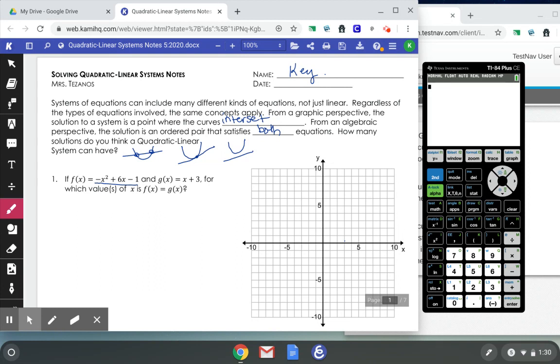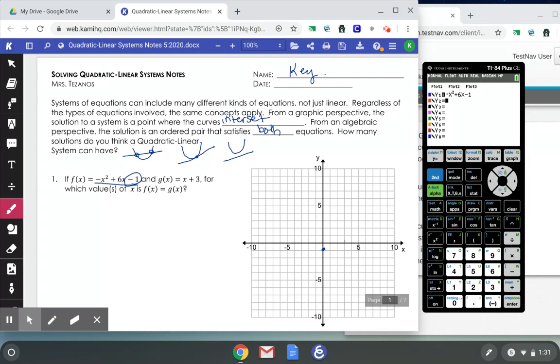I am just going to type this into my calculator because I think it's a little bit easier to get my points. Okay, and then I can get a table of values. Just looking at this, I know it's going to cross the y-axis at -1 because this is your y-intercept.